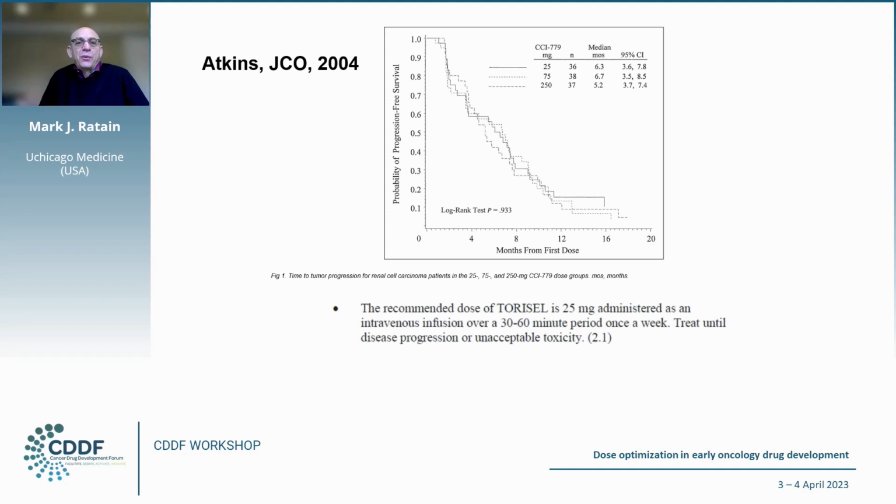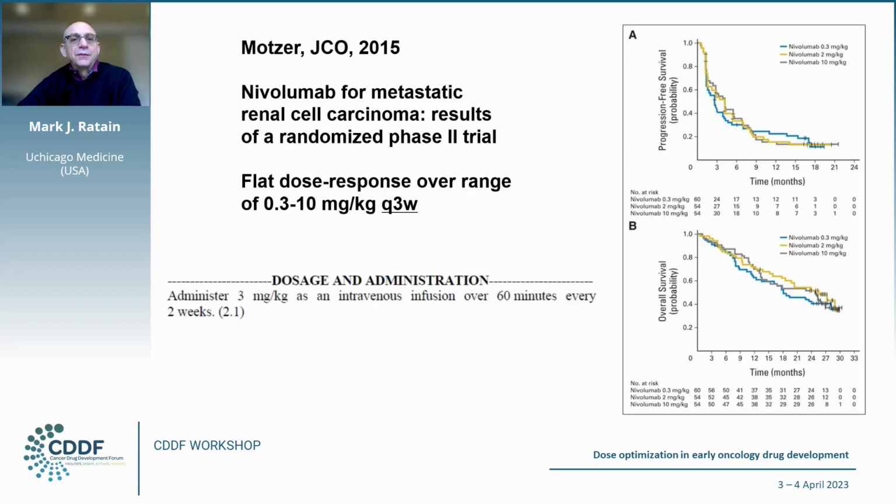And this is the randomized dose-ranging phase 2 that was published in JCO in 2004, randomizing patients to 3 doses of temsirolimus, 25, 75, and 250 milligrams once a week. And as you can see from the slide, there was absolutely no evidence of a dose-response relationship. Thus, the registration trial used a dose of 25, and this became the approved dose.